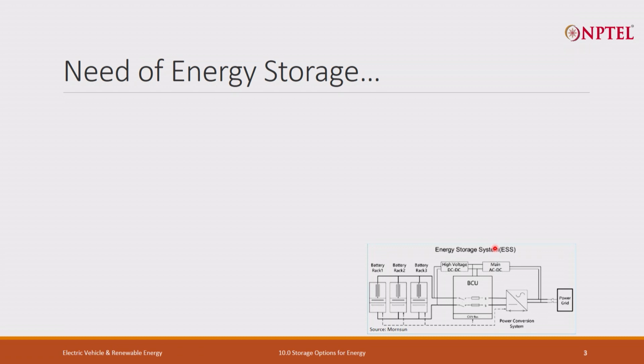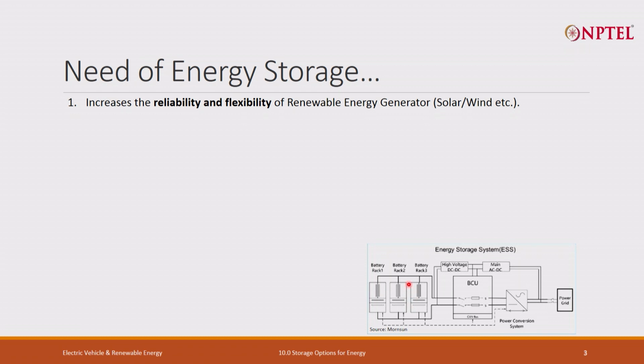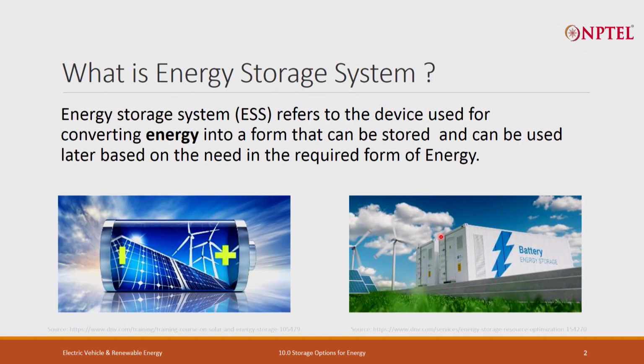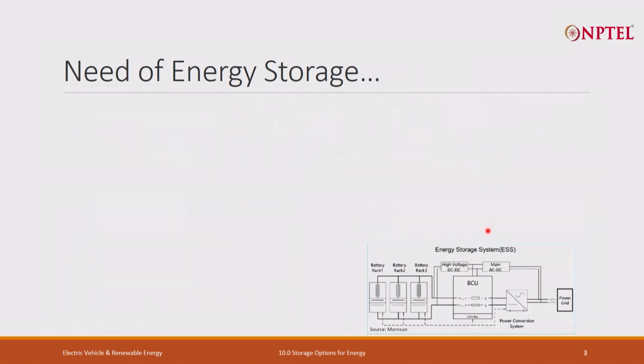Why is there a need for energy storage? What you see here in the picture is that we have multiple battery racks, like what I showed in the earlier picture. So we have multiple battery packs. Generally these battery packs are at high voltage, maybe 700, 750, 800 volts, 1100 volts. The reason behind this is that the current requirement comes down as you keep on increasing the voltage.